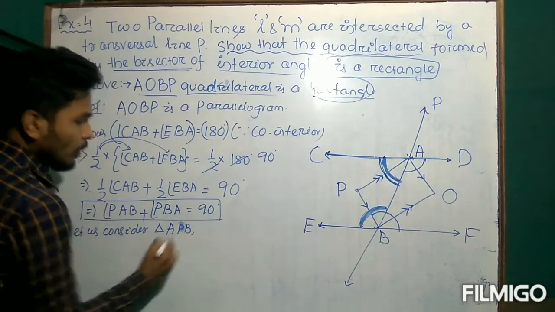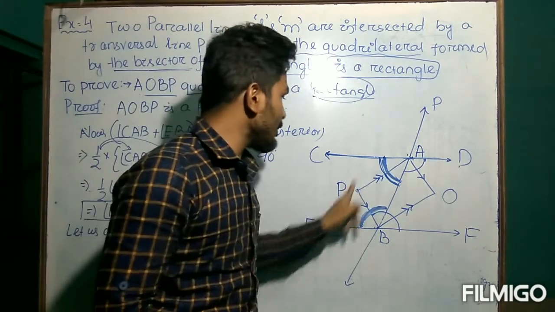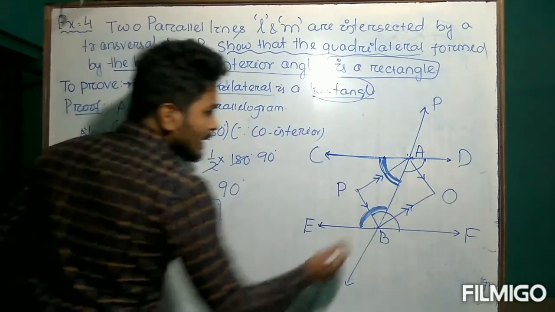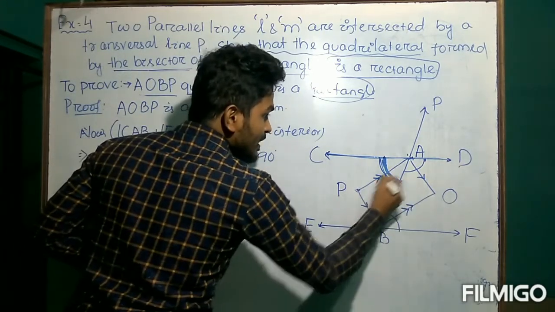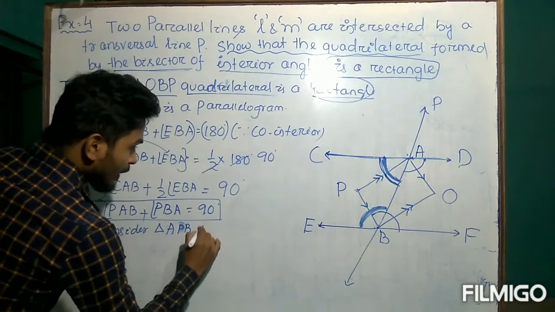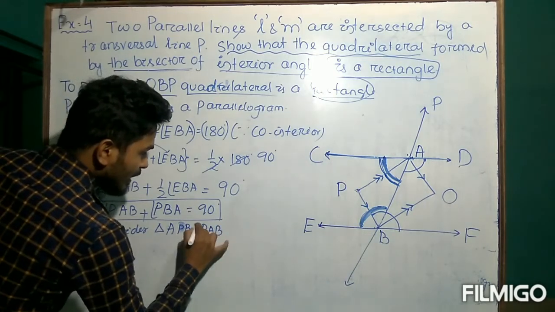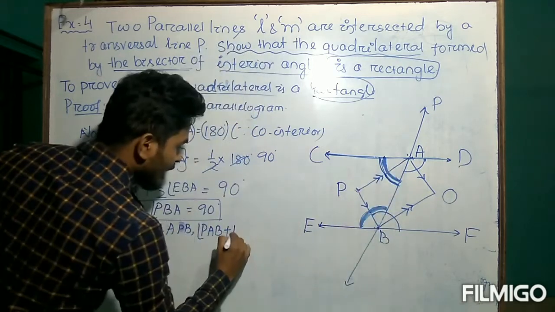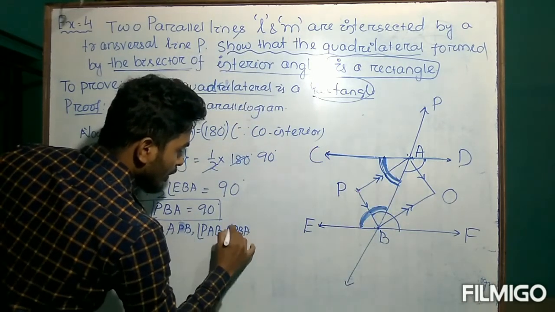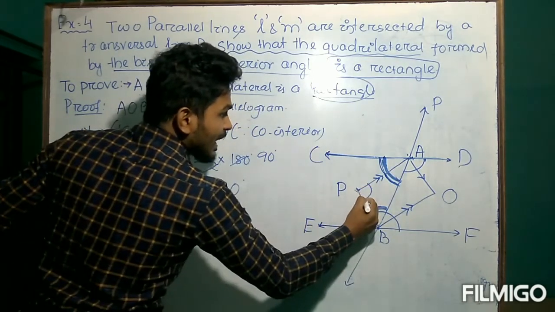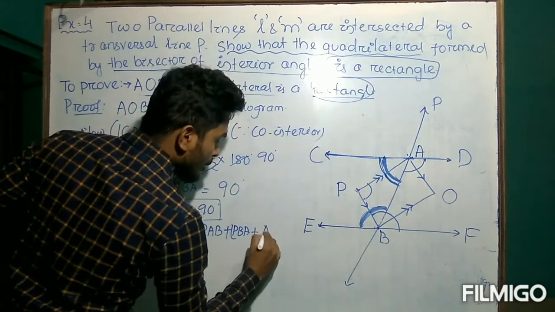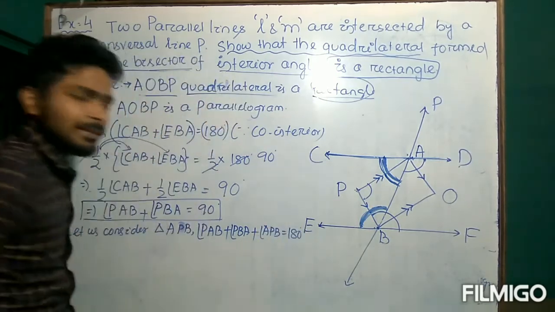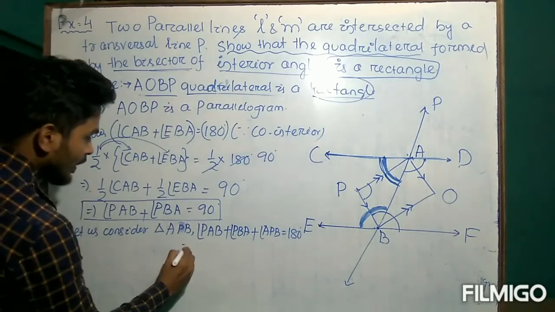In triangle APB, we know the sum of three angles is 180 degrees. So we can write PAB plus PBA plus this angle APB is equal to 180 degrees.